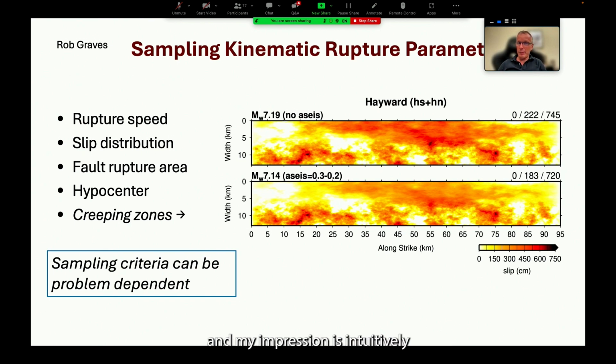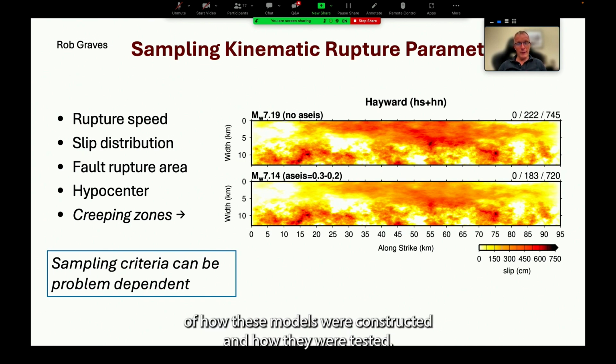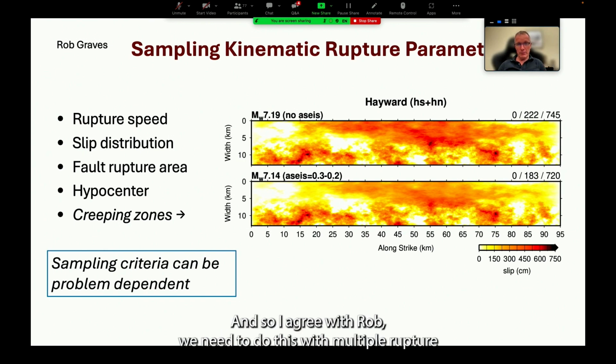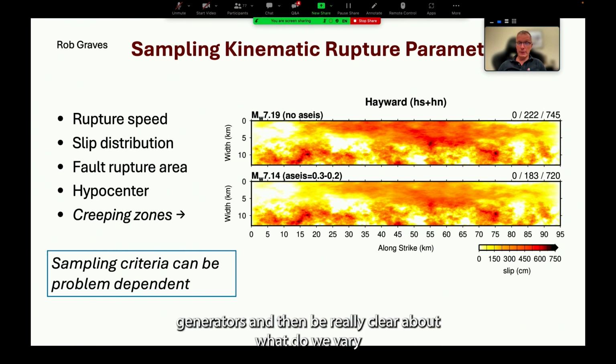My impression is intuitively that this number 10 to 12 to 15 is an artificially low number, just because of how these models were constructed and how they were tested. And so I agree with Rob, we need to do this with multiple rupture generators and then be really clear about what we vary and what one realization means in this vast parameter space.